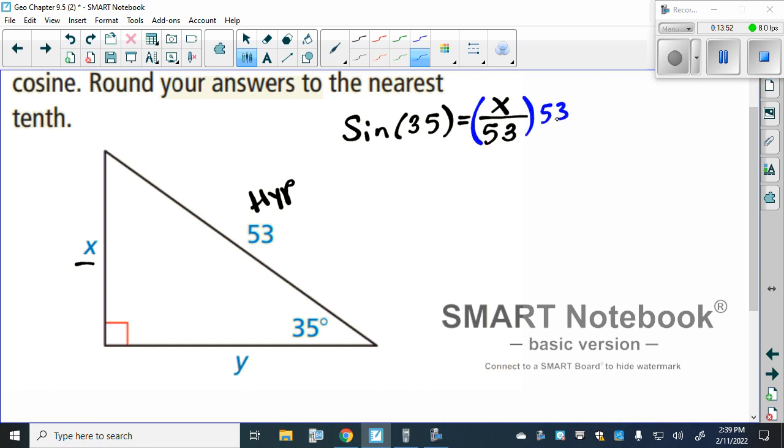Yes, we'll multiply both sides by 53. It'll be the bottom, because we'll always multiply both sides by the bottom in solving. Because here the 53 and 53 would cancel out, telling us that x is equal to 53 sine of 35.